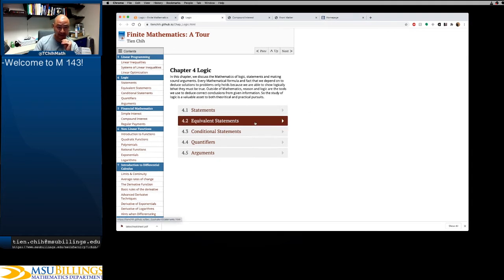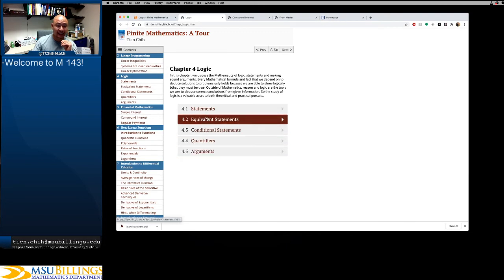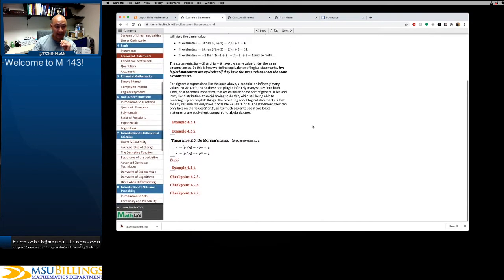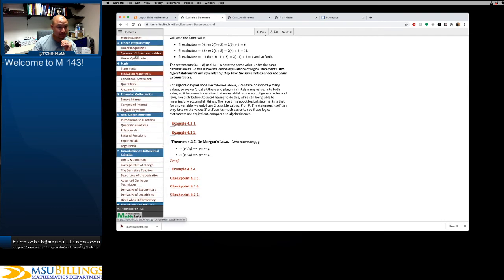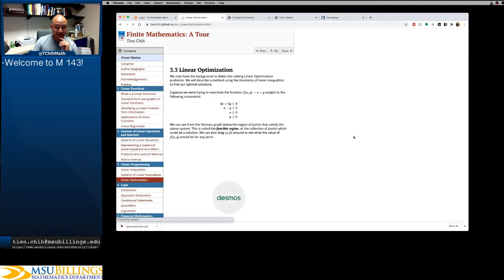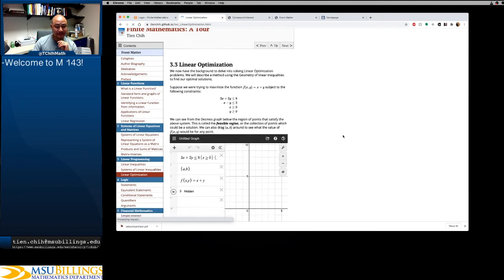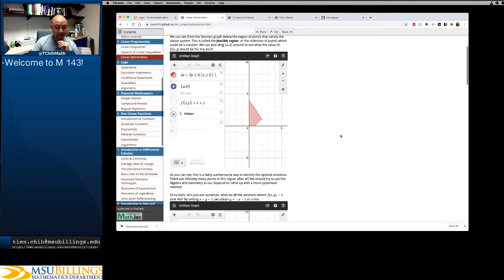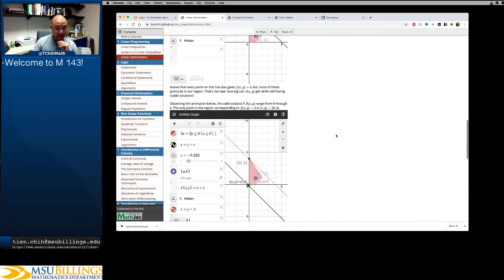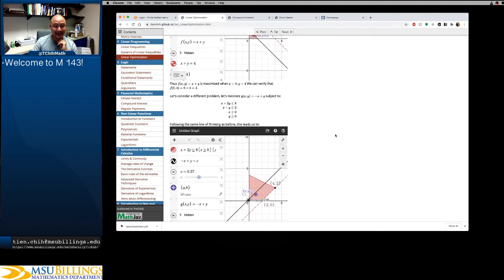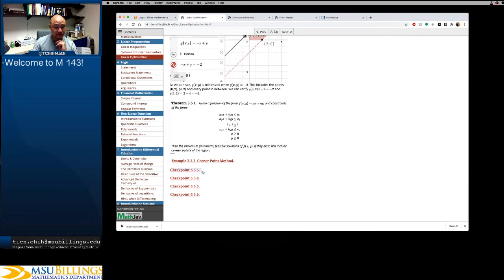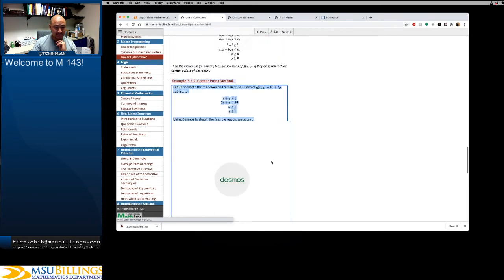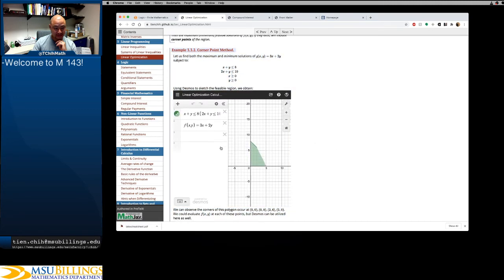And so what I encourage you to do instead, especially if you don't have access to a graphing calculator, is to use the technology embedded here in my text for the appropriate chapters. So you can see that I've embedded something like that here.